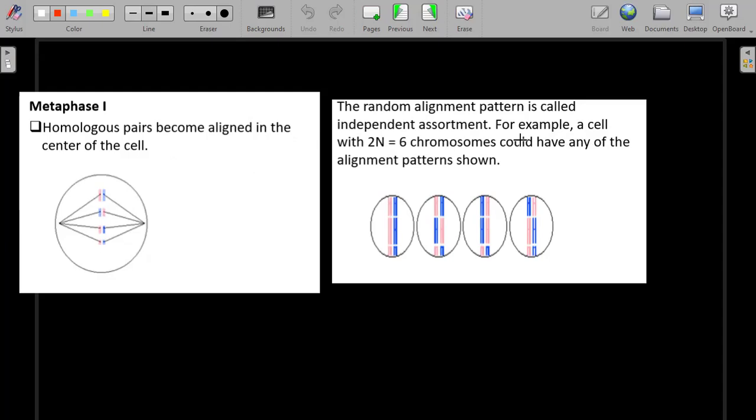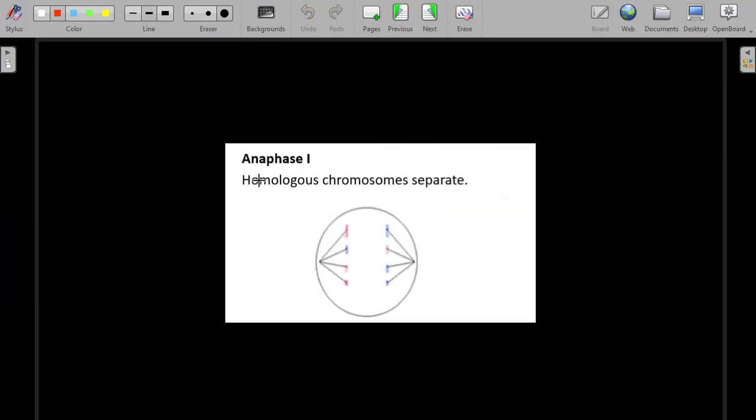For example, a cell with 2N equal to 6 chromosomes could have any of the alignment patterns shown. This is what we call independent assortment. Then from there you go to anaphase, where your homologous chromosomes are going to separate.